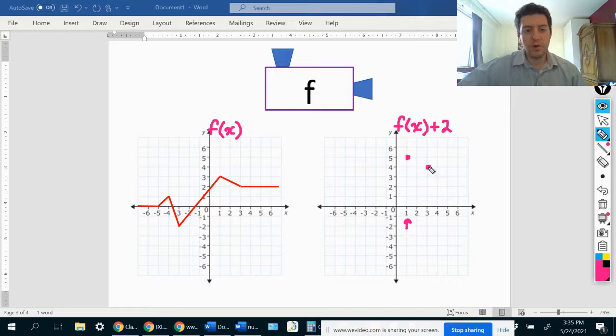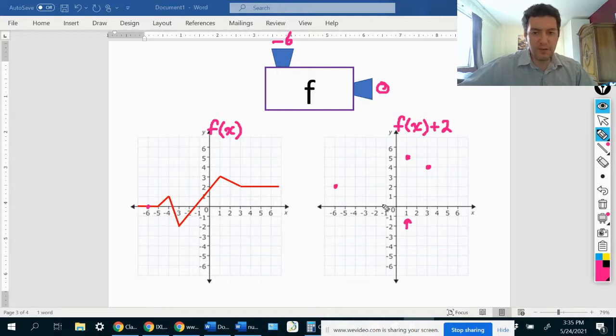Okay, and we can do some more examples. Over here, from this graph, we know that if we put -6 into the machine, then it would give us 0 out. We can see that this is right on the x-axis here, so the y value is 0. So if we put -6 into the function machine and get 0 out, and then add 2, then we would get 2. 0 plus 2 is 2. So in that way, we can just figure out where all these dots should be.